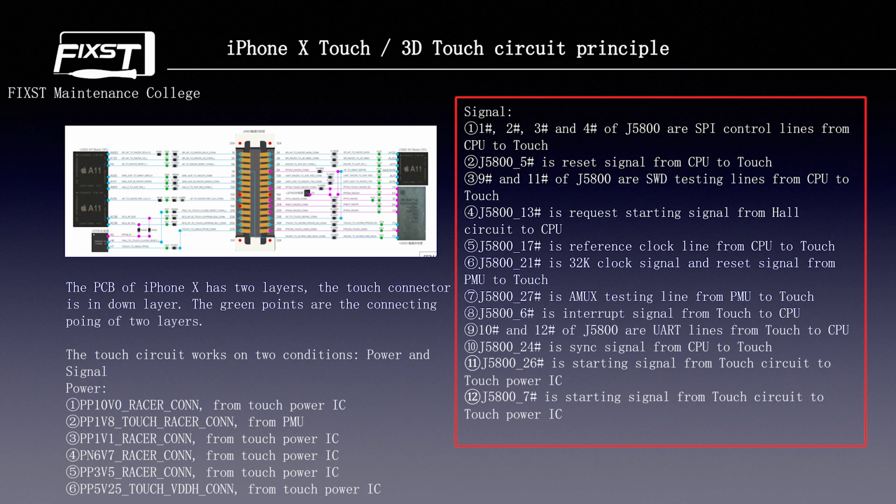Pin 10 and Pin 12 of J5800 are UART lines from touch to CPU. 10. Pin 24 of J5800 is sync signal from CPU to touch. 11. Pin 26 of J5800 is starting signal from touch circuit to touch power IC. And 12. Pin 7 of J5800 is starting signal from touch circuit to touch power IC.